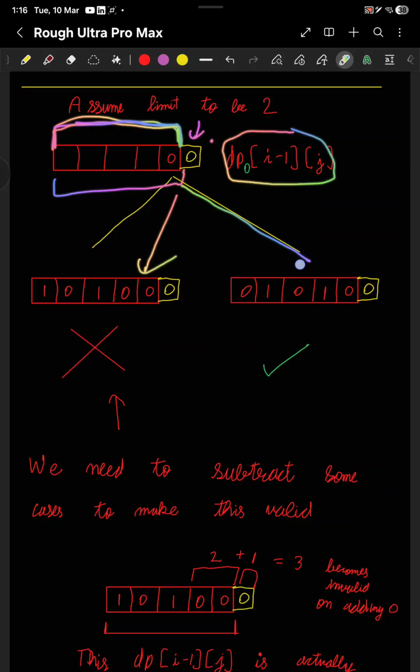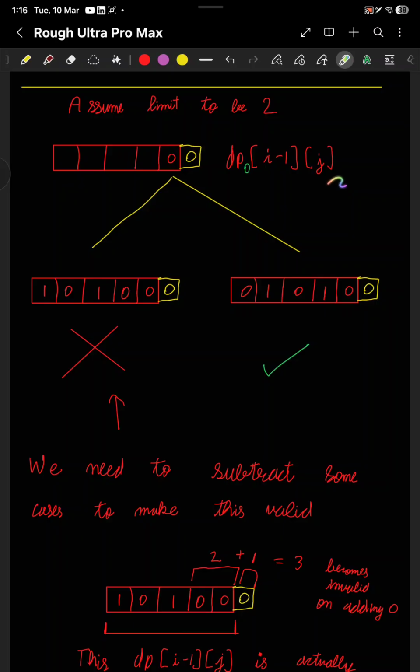If this subarray is ending with limit number of consecutive elements, like if this is ending with 2 zeros, because we assume the limit to be 2, and we append 0 to it, that exceeds our limit.